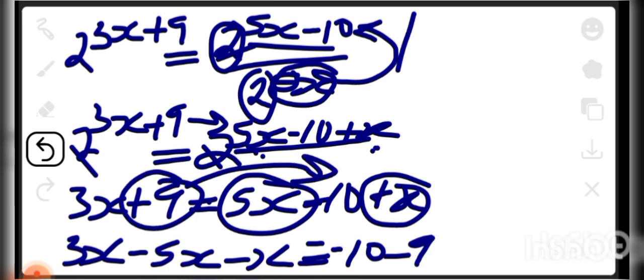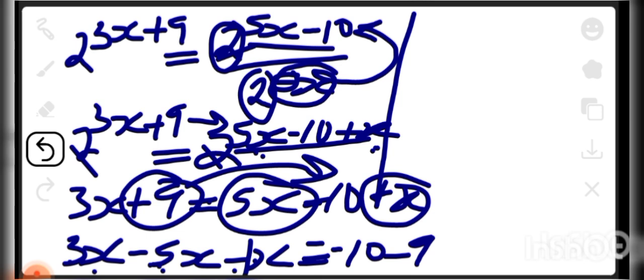So that will now be 3 minus 5, that is minus 2, minus 1x. This one is 1x, but they will not write it if it's 1, they'll just write it as x. So we have 3 minus 5 minus 1.